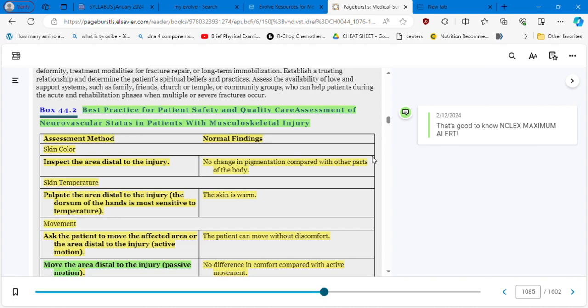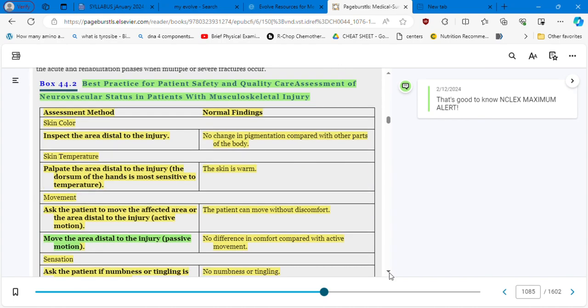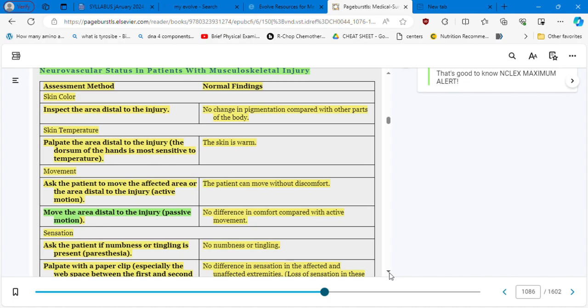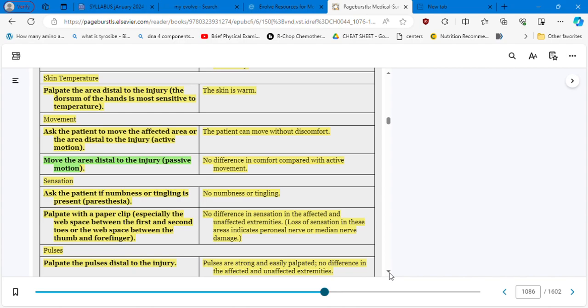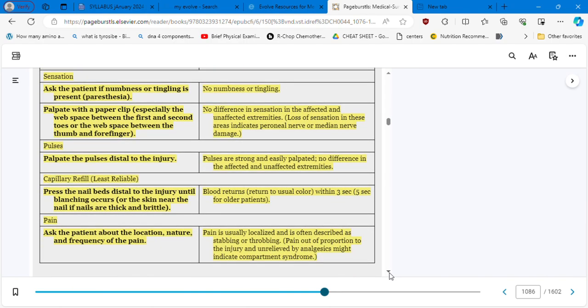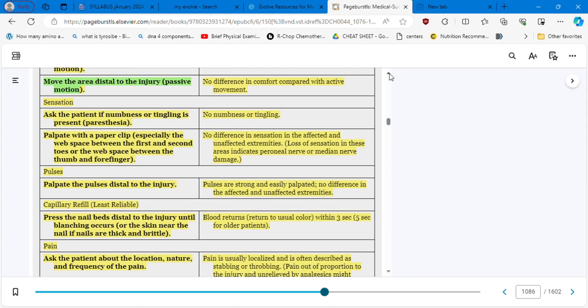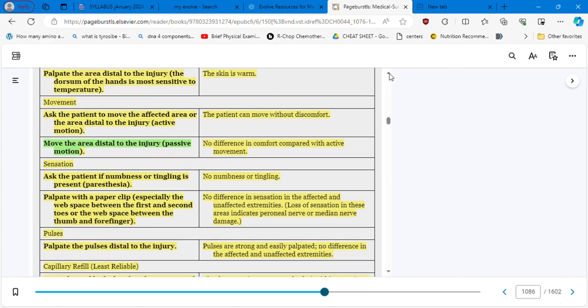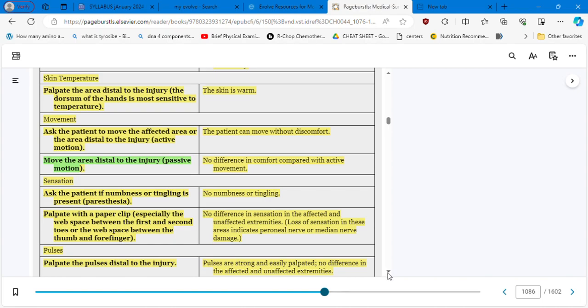This is good to know. Maximum alert. We're going to assess the skin color, temperature, movement, sensation, pulses, capillary refill, and pain. So master this table. This is going to come up in the NCLEX for sure.